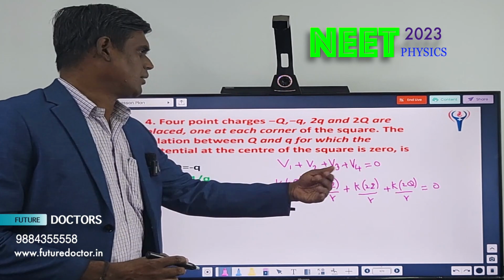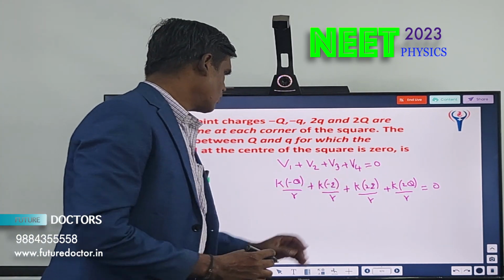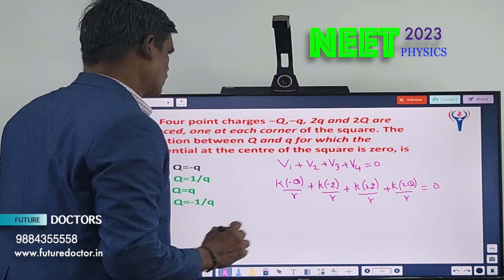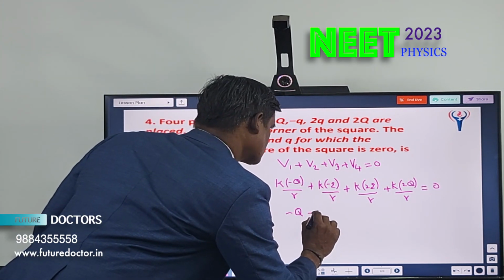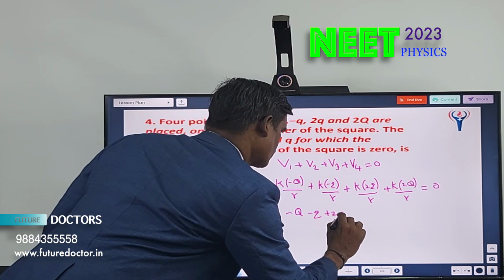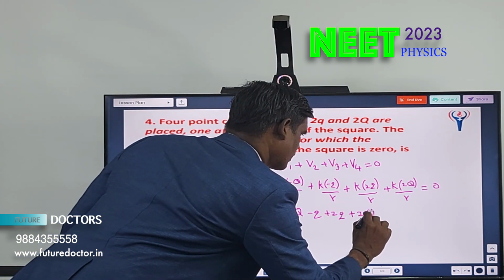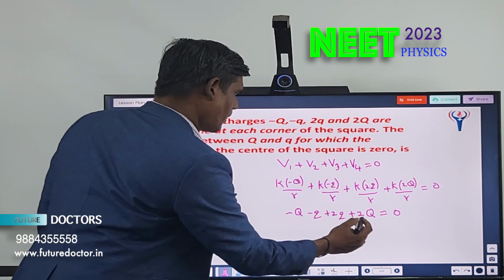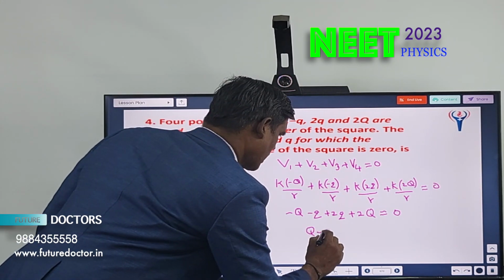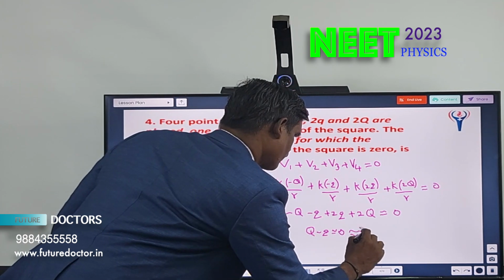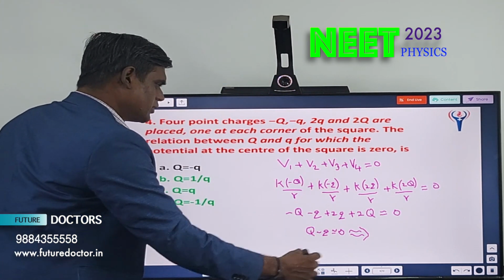R is common, taken out, multiplied by 0 becomes 0. K also, if you take that side, it becomes 0. And the remaining thing is minus Q and then minus small q plus 2Q plus 2 big Q, capital Q, equal to 0. 2Q minus Q, 1Q. And this 2Q minus Q equal to 0. Then Q equal to, if Q that side goes there.